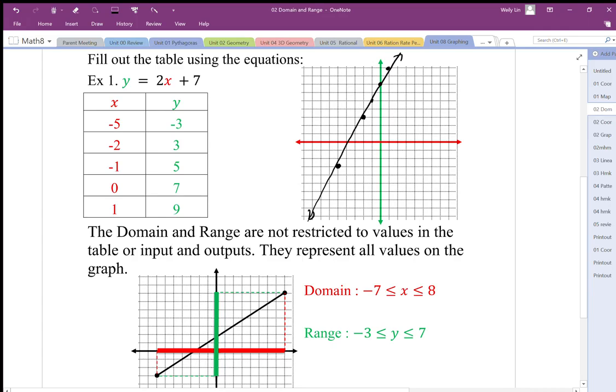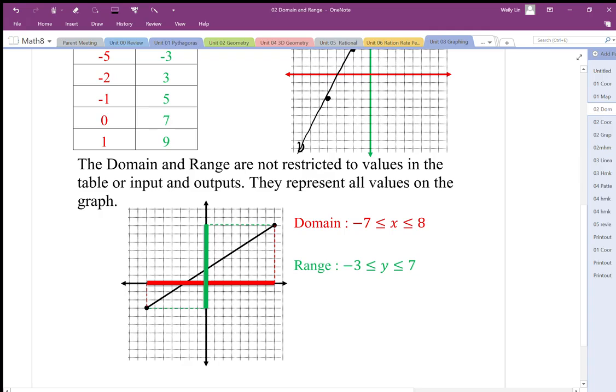Sometimes I describe my domain and range in terms of intervals. If I have a graph, so this is a straight line, it starts at this point and ends at this point. When I talk about the domain values, the x values are not just some individual inputs, but they are a range of values from negative 7 to 8.